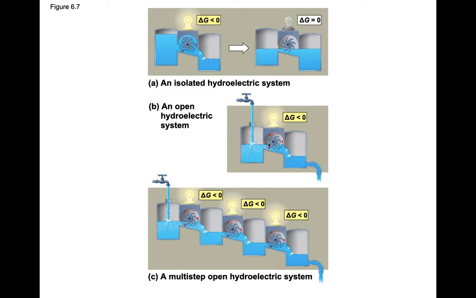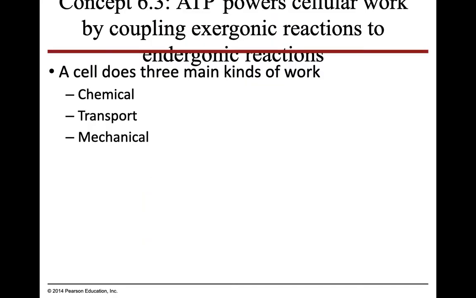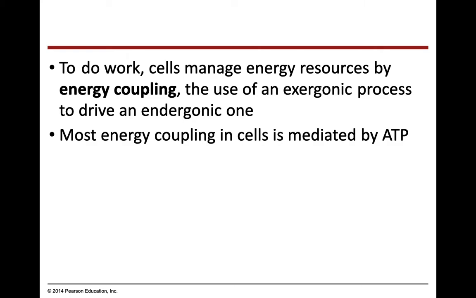This tends to be less efficient and releases more heat relative to the stored energy in the initial product. There are three main types of work that are used for exergonic reactions: chemical, transport, and mechanical. To do work, cells need to do what's known as energy coupling.